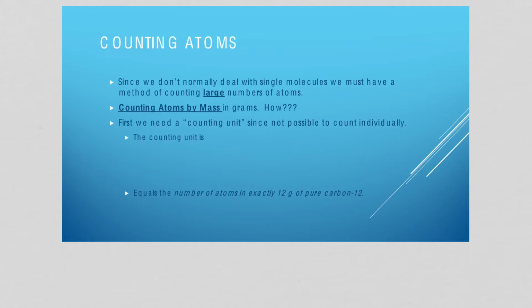So when we're working with atoms and molecules, our counting unit is the mole. Now, this will be abbreviated mol when we write it as a unit, but the mole will become our friend. So what is a mole?